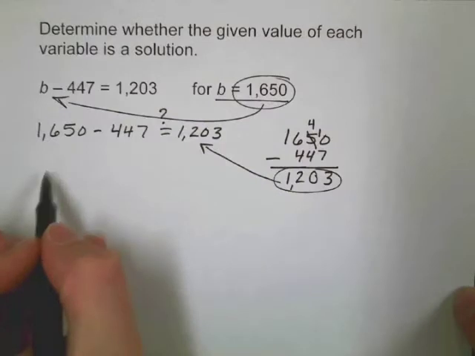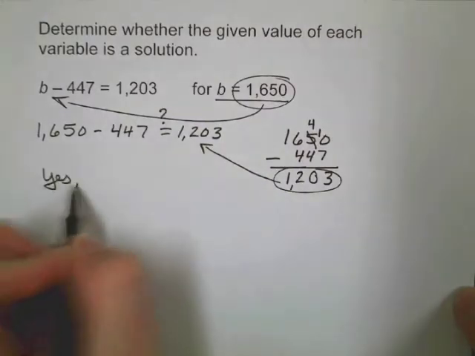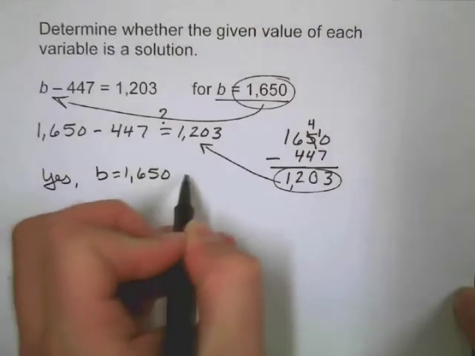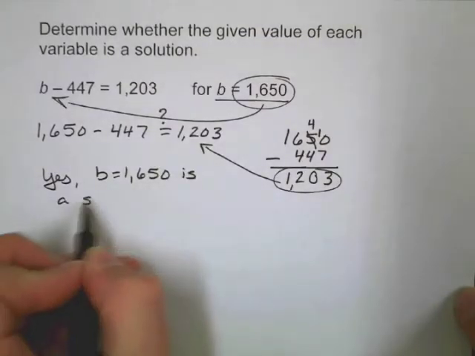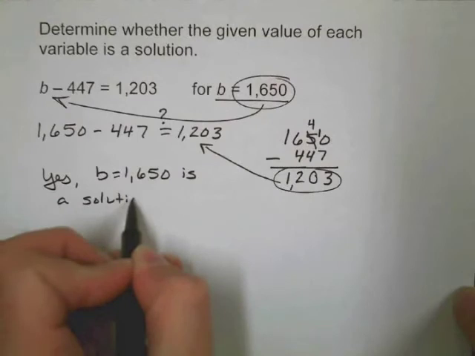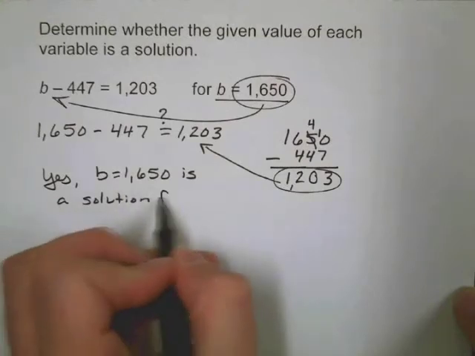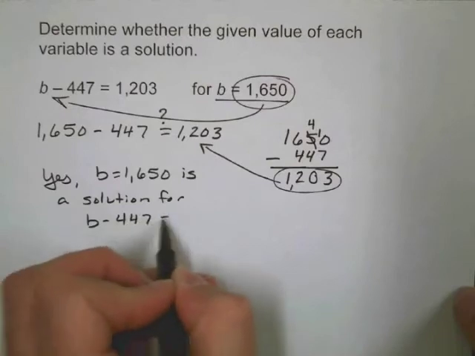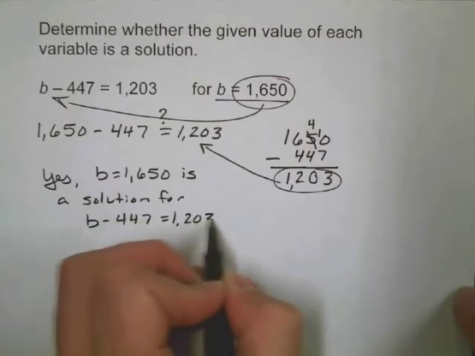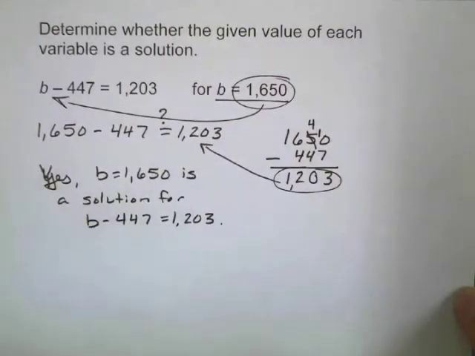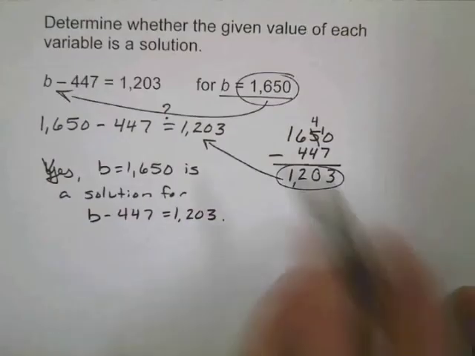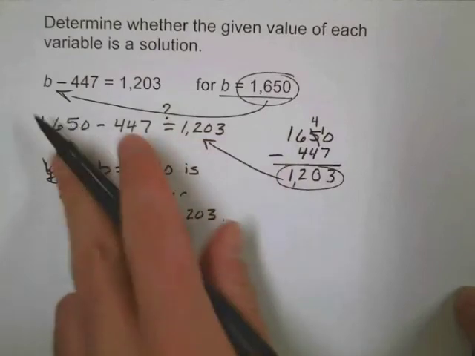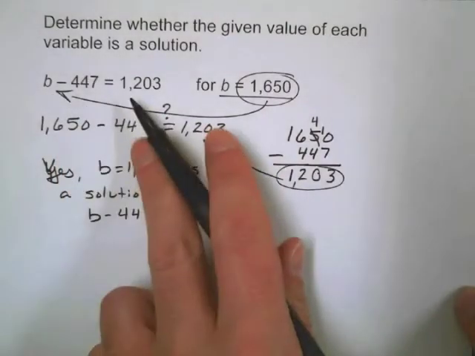So we can say that yes, b equals 1,650 is a solution for b minus 447 equaling 1,203. So this particular value of b is a solution for this particular equation over here.